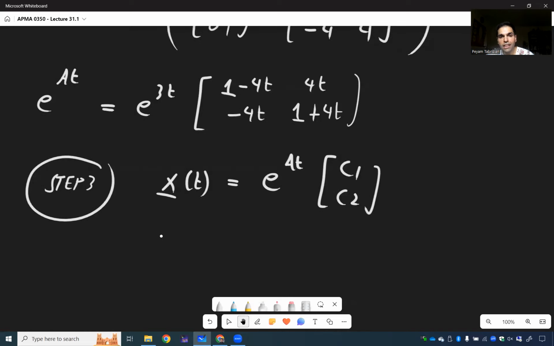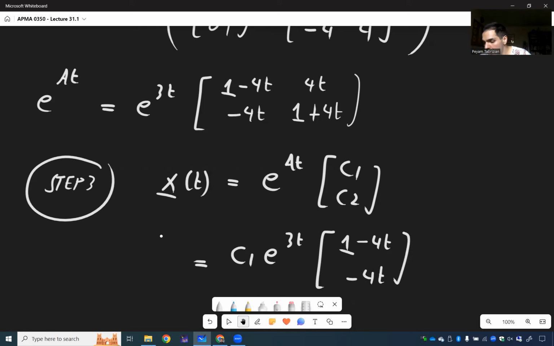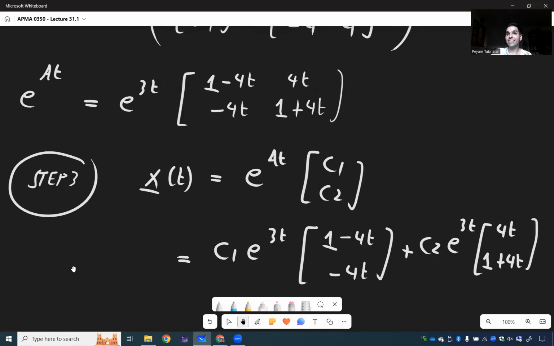And in the end, this just becomes c1 e to the 3t times [1 minus 4t, -4t] plus c2 e to the 3t times [4t, 1 plus 4t]. And that's all she wrote. You see, no need to find eigenvectors and no need to find generalized eigenvectors. Using this beautiful fact, we're able to turn this infinite sum into just a finite one and calculate the solutions.